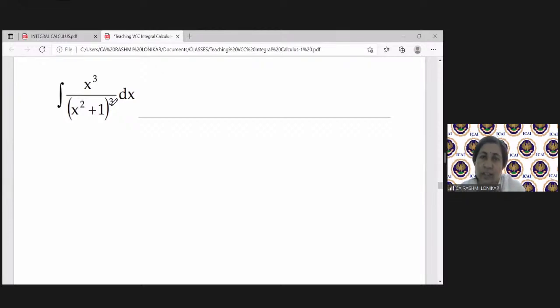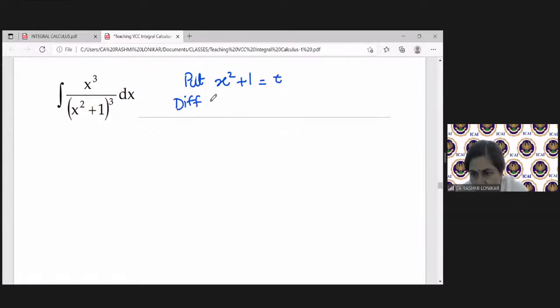Second, whether division is easy, then do the division. Now in this case, even division is not possible because the numerator power is less than the power in the denominator. It looks like x square plus 1, but it is raised to 3, so the highest power will become x raised to 6, so that cannot be used here. So we put x square plus 1 equal to t.